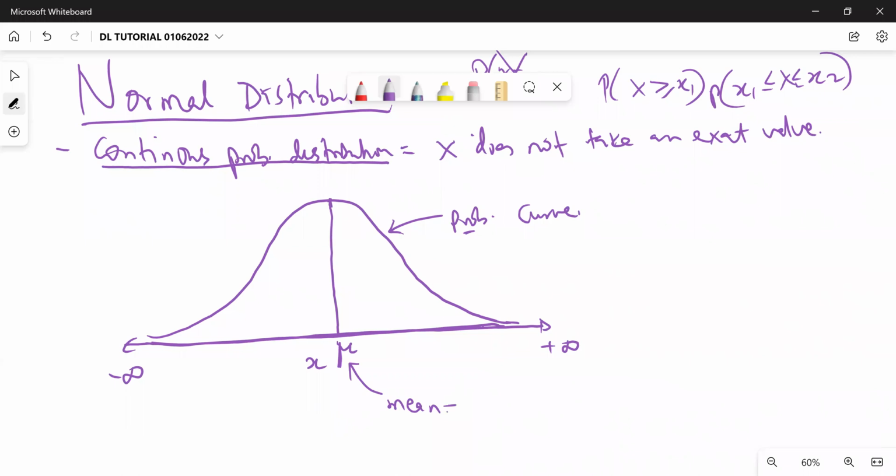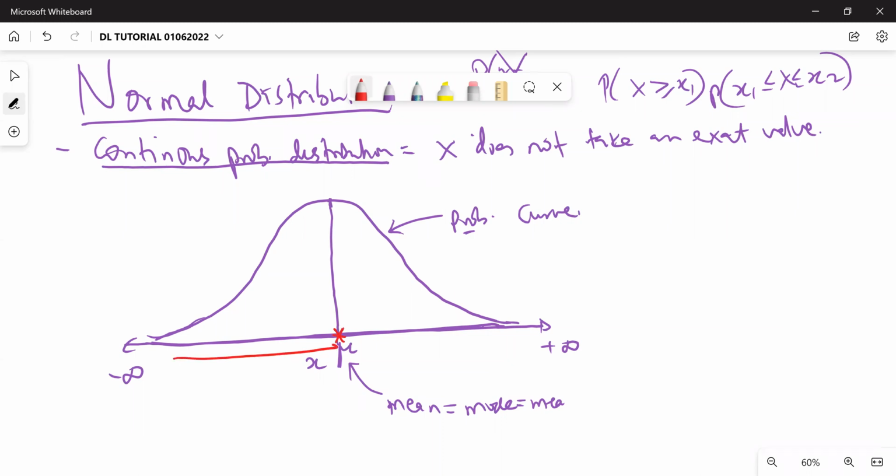And it means that this will be the mode, the most occurring value of X. And if you look at the distribution of X from the smallest to the largest value, you'll notice that this value is also equal to the median, because this point here is the middle point.